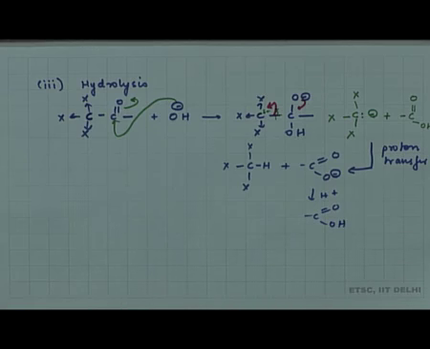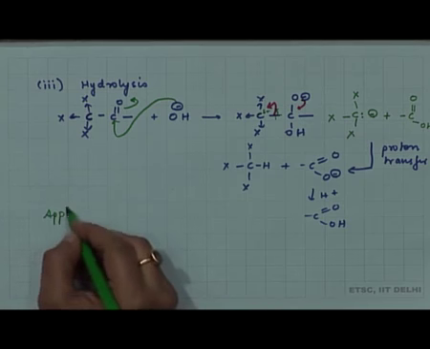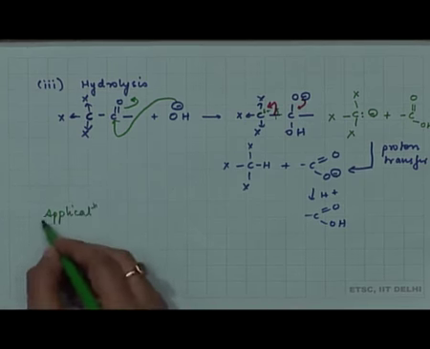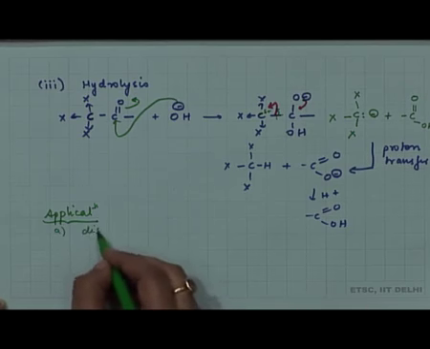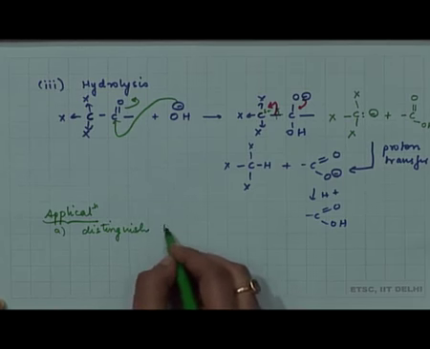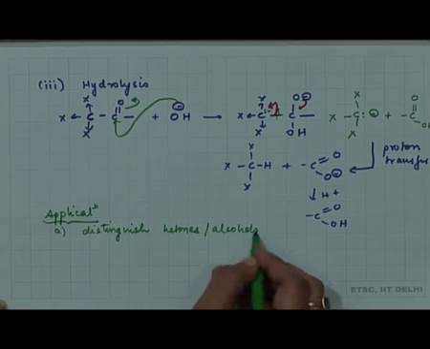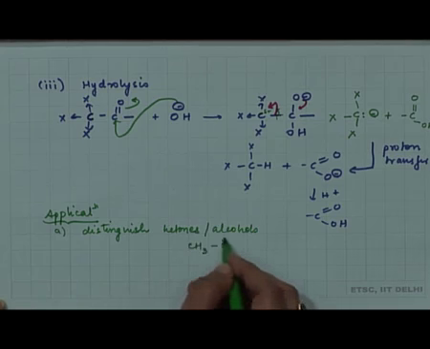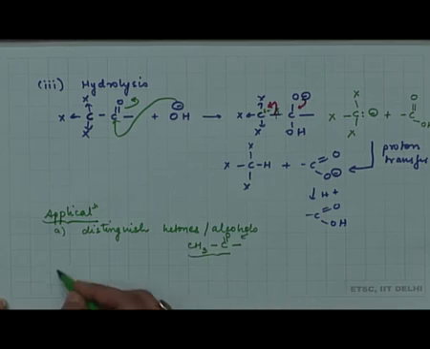If you look at the application and the importance of this reaction, it can distinguish those aldehydes and ketones, where the only aldehyde is acetaldehyde. It can distinguish those ketones and alcohols which have a CH3CO unit, or which are capable of generating the CH3CO unit in the case of alcohols.